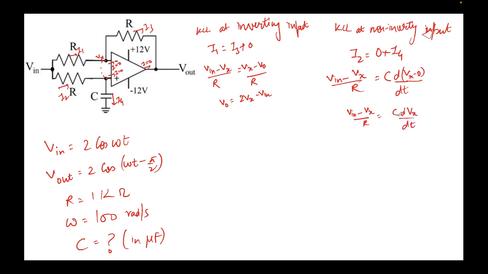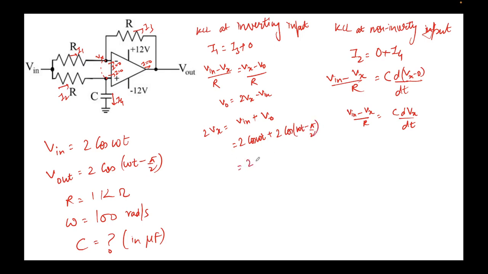Now we need to find the value of Vx in order to solve this expression, because the C value can be determined only when you know Vx. Now we know Vx from this expression, so we can write 2Vx equal to Vin plus V naught. The value of Vin I can put from here. It's 2 cos omega t plus V out, which is 2 cos(omega t minus pi by 2).